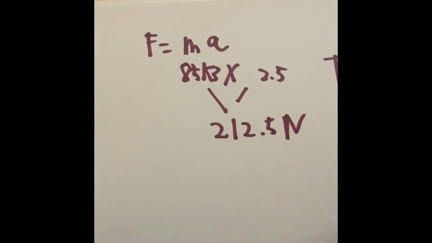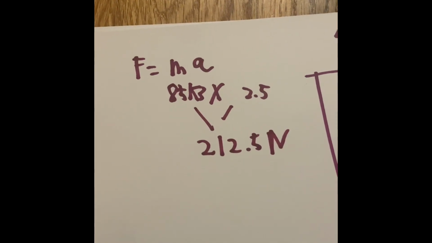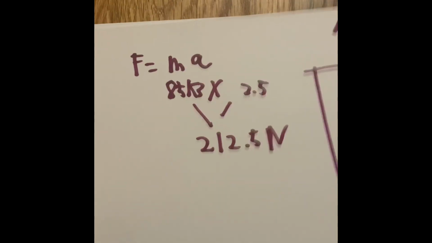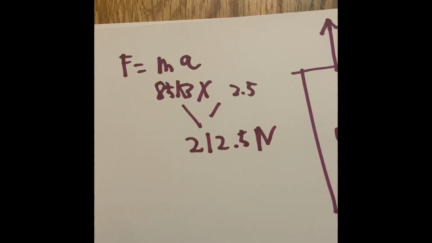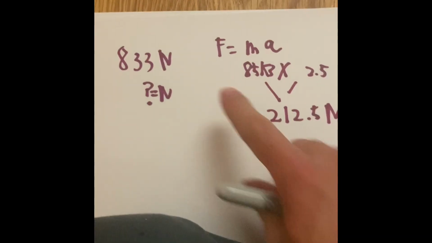So the answer to this is going to be 212.5 newtons. And since that is the amount of newtons, or the weight, that's being added just by accelerating from 0 to 2.5 meters per second squared, we have to add the two.